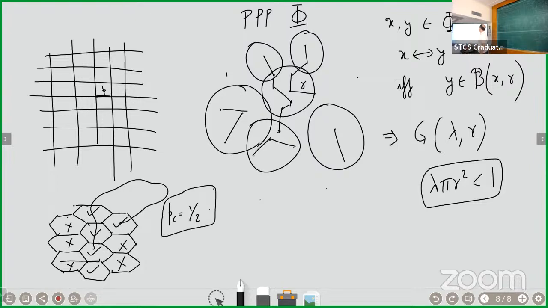So think of what is an appropriate hexagon you want to draw. Call the hexagon size S. Here the parameters are lambda and r. Then you would define this hexagonal lattice with an appropriate S, such that you can connect the two models.